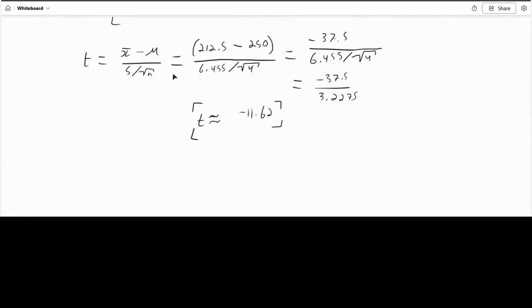Now notice, as just a quirk, as n increases, as we get a larger sample size, this whole fractional value should get larger. And so we can see that the more people we have sampled, the more extreme our t-score should get.